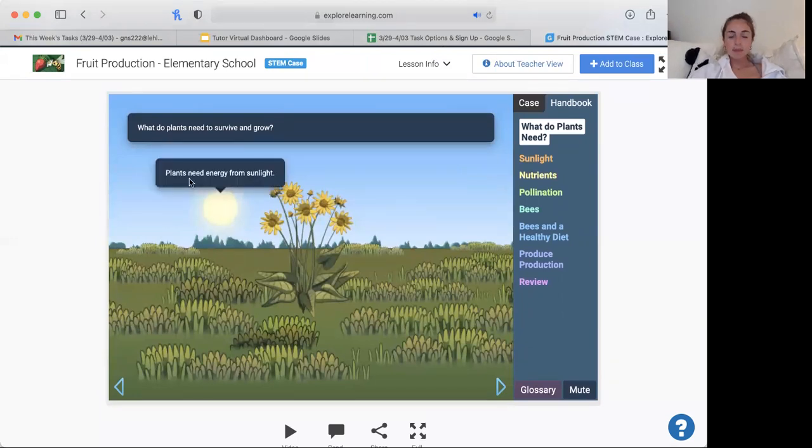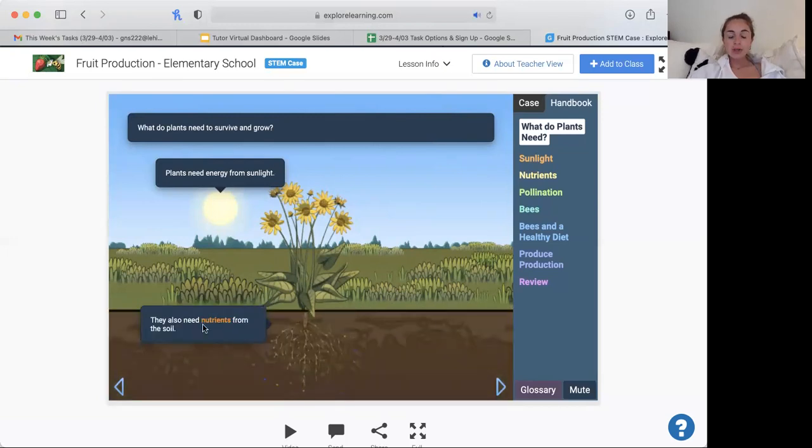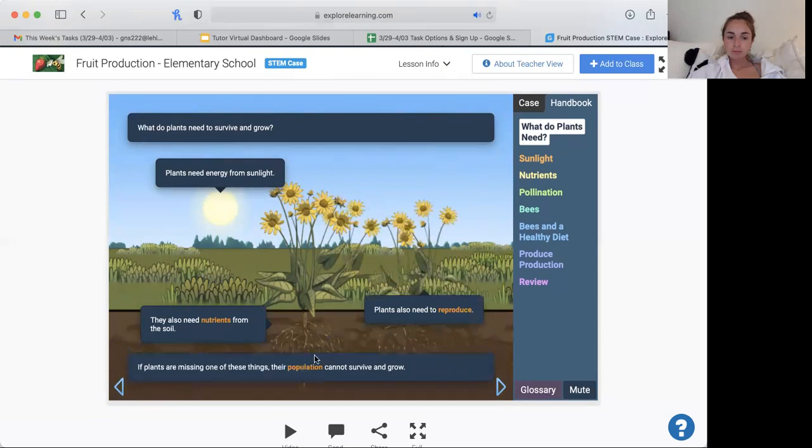We need sunlight. Plants need energy from sunlight. They also need nutrients from the soil. Plants also need to reproduce. If plants are missing one of these things, their population cannot survive and grow.